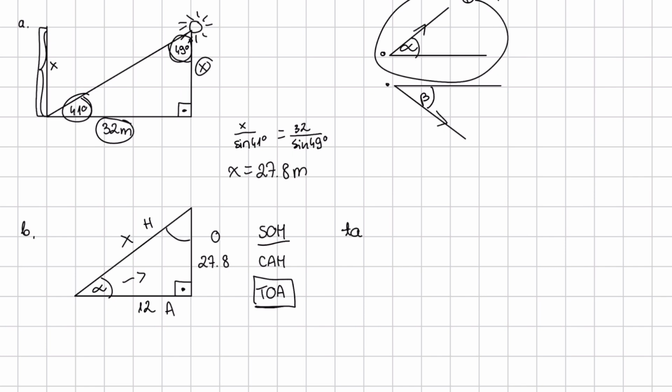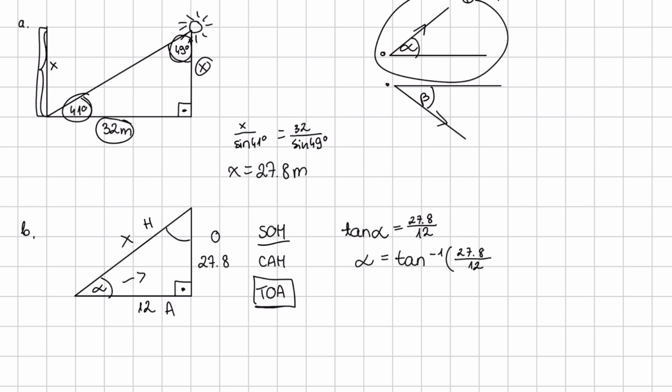Tangents of our angle equals opposite over adjacent, so 27.8 over 12. And now we can calculate it using solver, or we can type it into our run mathematics like this.